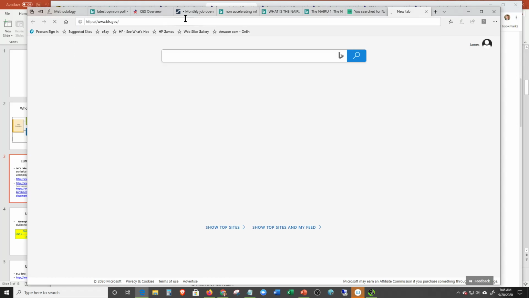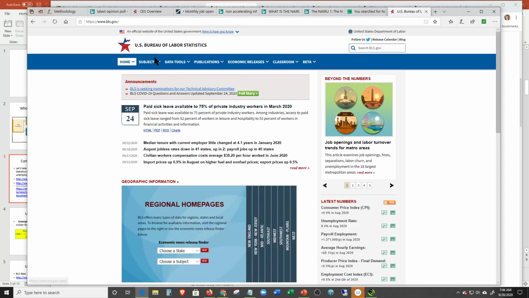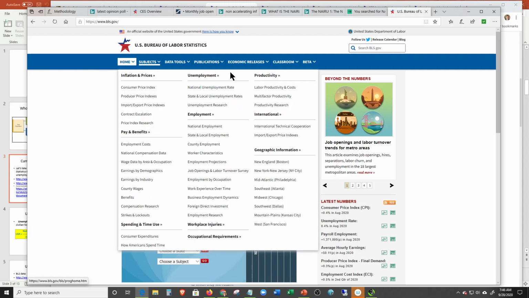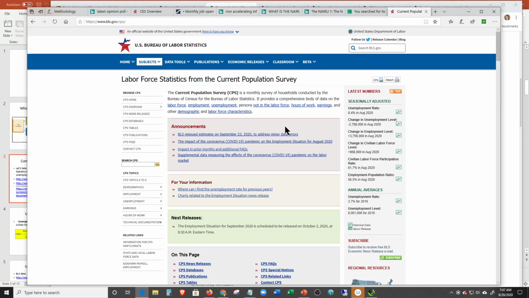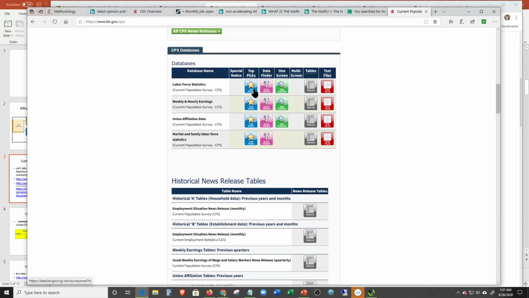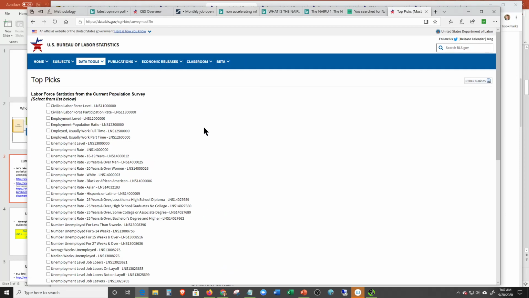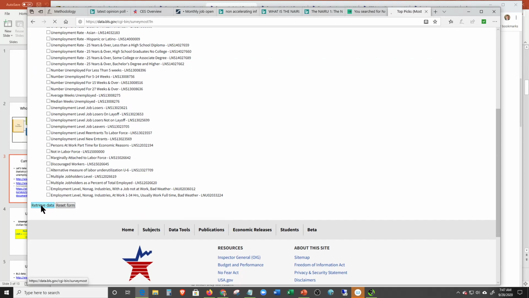Bureau of Labor Statistics, there we go. Let's go take a look at the national unemployment rate and okay, labor force statistics from the current population survey. Unemployment rate, let's take a look at it. Retrieve data.